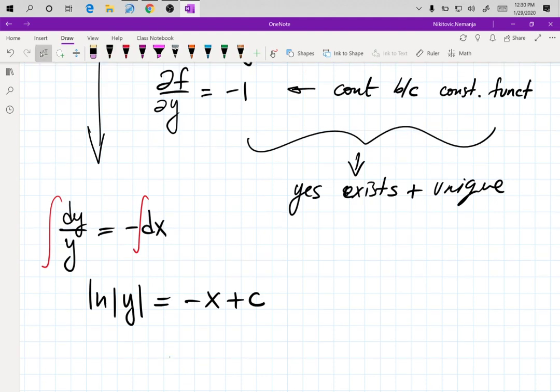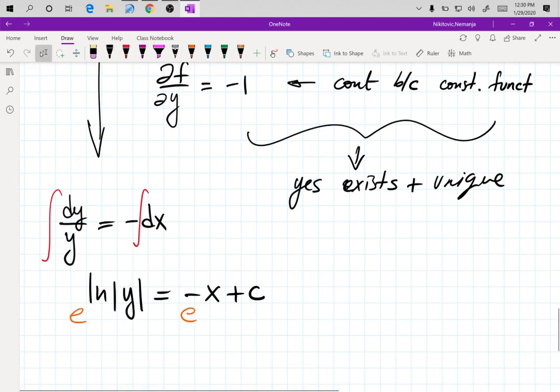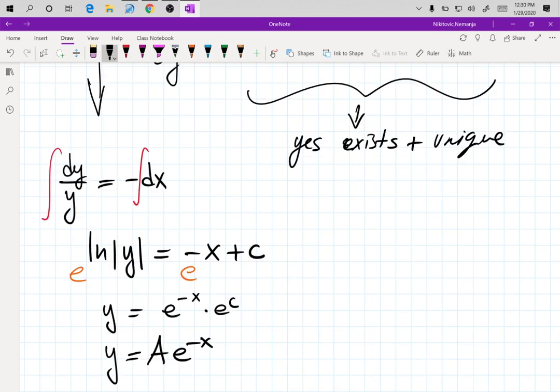Then I am going to exponentiate both sides and get y equals e to the negative x times e to the c, which will give me y equals, let's say, a e to the negative x. And there is your unique solution.